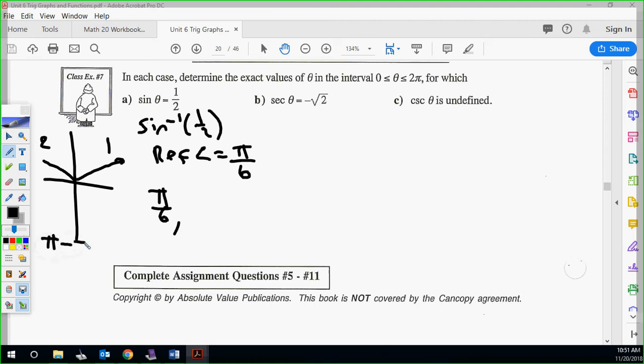Pi minus pi over 6. 1 minus 1/6 is 5/6. You're just taking a sixth away. So these are your two radian answers, pi over 6 and 5 pi over 6, because we're actually bringing the pi back.